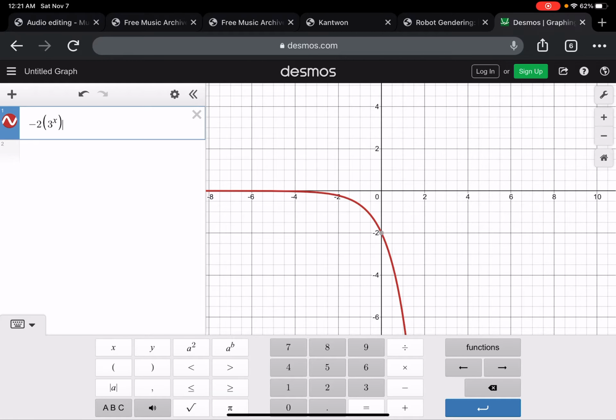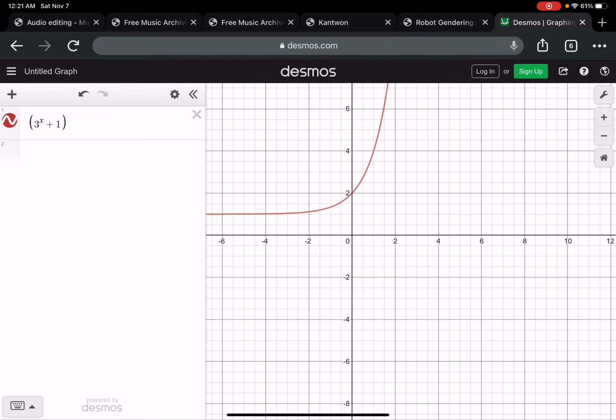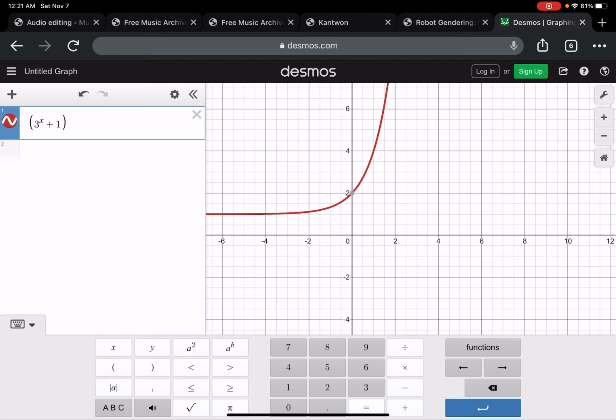All right. Now, finally, let's see what adding or subtracting from the exponent here does. So suppose we add a +1 in the exponent. We have 3 to the x plus 1.